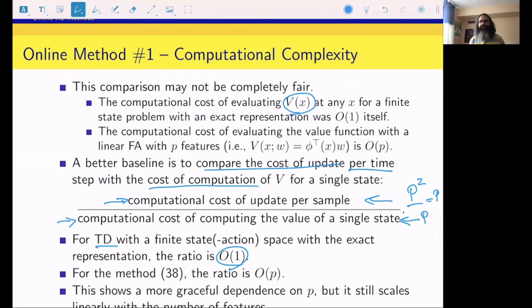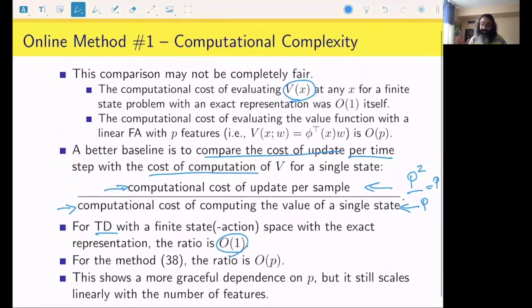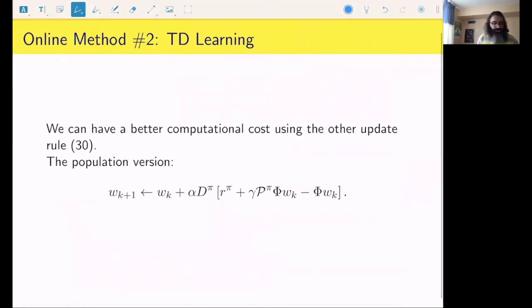I believe it should converge, but I don't know if there's a proof. So that's a non-standard method, but it seems to be a nice one. So the second method, I guess, is almost done.